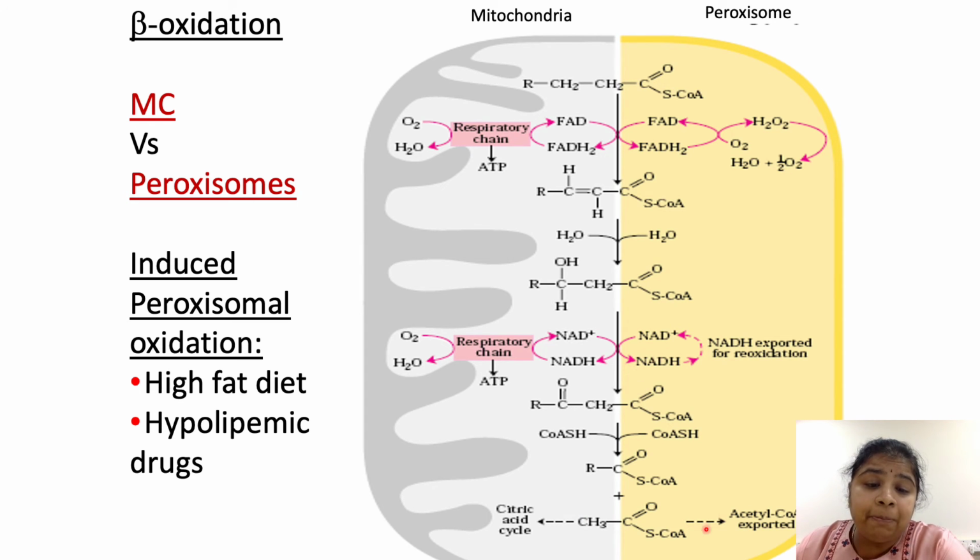Whatever acetyl CoA is finally formed has to be transported out and utilized. Peroxisomal beta oxidation can be induced by a high fat diet or by certain hypolipidemic drugs.